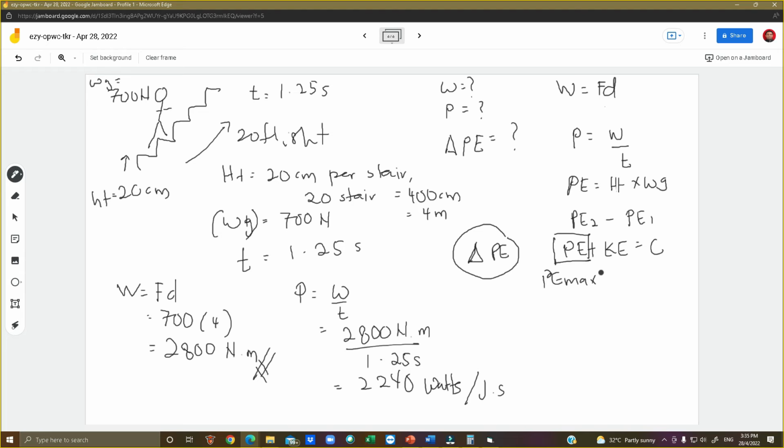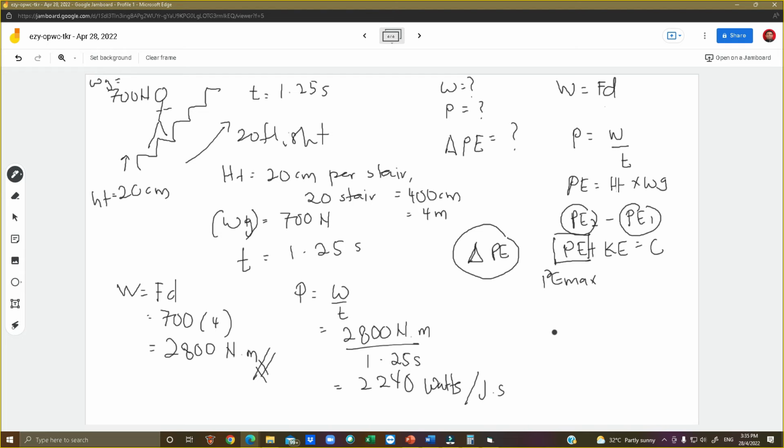Dekat atas sekali. So PE 2. PE at the bottom ada PE tak? Do you have any potential energy when you start at the bottom? No, because height dia zero.